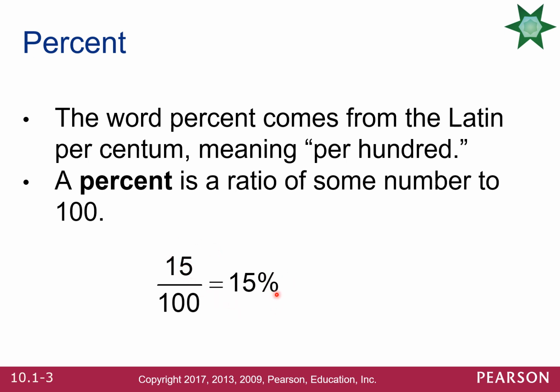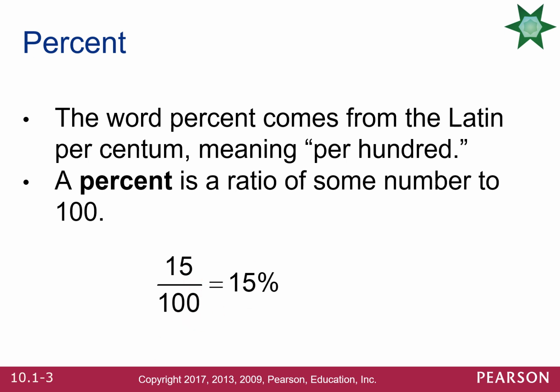We use this particular symbol, it's called the percentage symbol, to represent percentages. Instead of writing out the word percentage every time, we use this symbol. And when we write it using this symbol, then we do not need to divide by 100. 15% implies it's 15 out of 100.